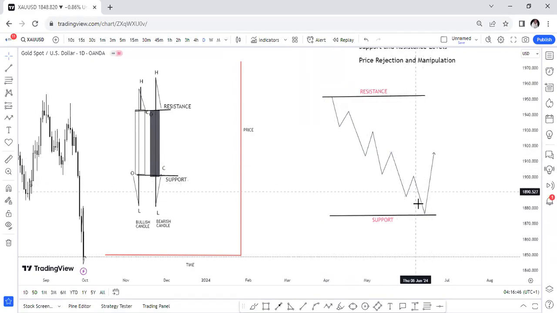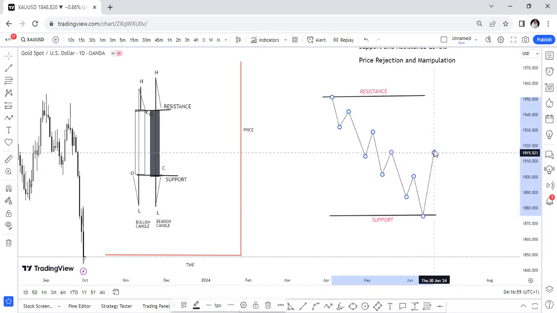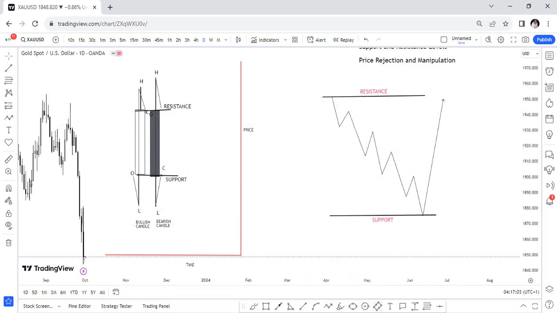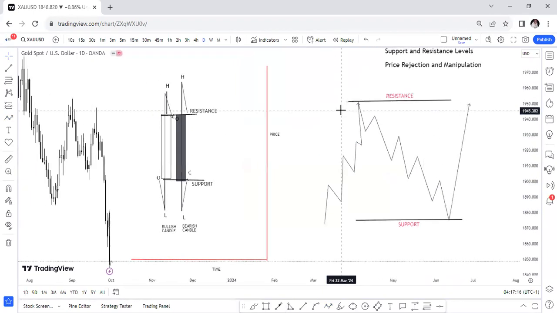So once the seller gets to the support of the market, they've taken their market from the previous support, and they now start going higher to distribute profits. Buyers are going to sell at the higher price, so they keep moving up to this level of resistance.